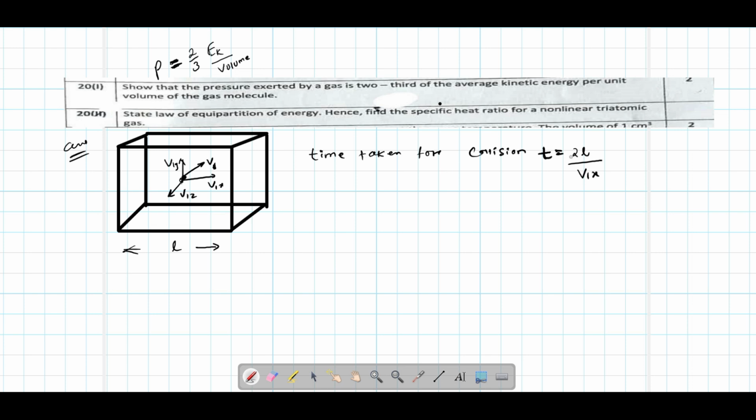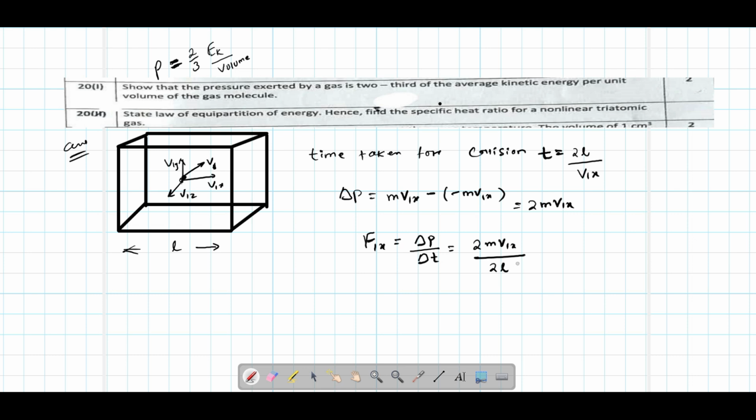Change in momentum equals how much? Change in momentum equals mv1x minus of mv1x, equals twice mv1x. So F1x equals how much? Delta p by delta t, 2mv1x divided by 2L by v1x.